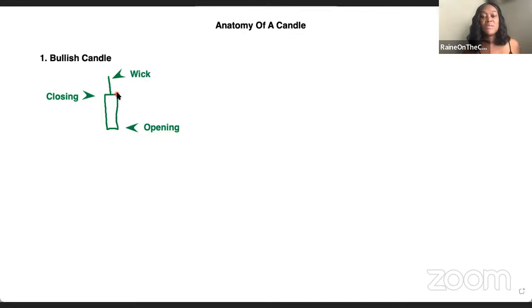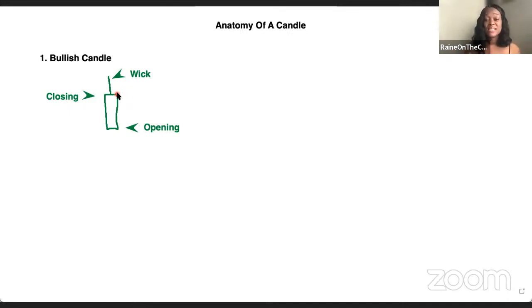Now, when it comes to a candle being formed, depending on what chart you're looking at, it takes 1 minute, 5 minutes, an hour. If you're looking at the hour chart, it takes an hour for each candle to form, right?